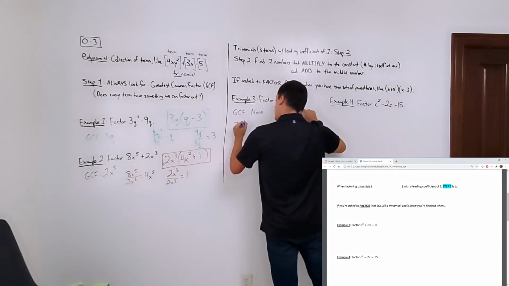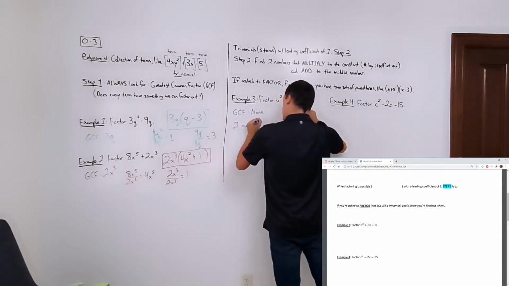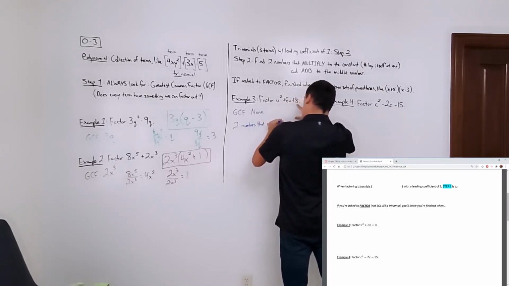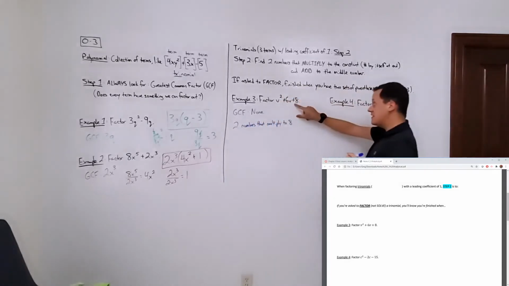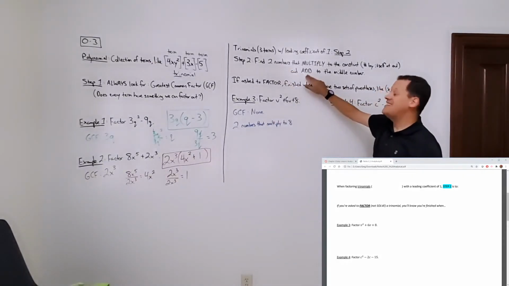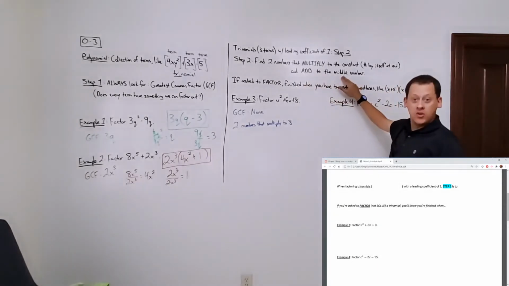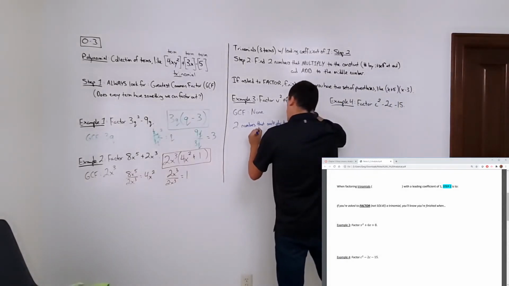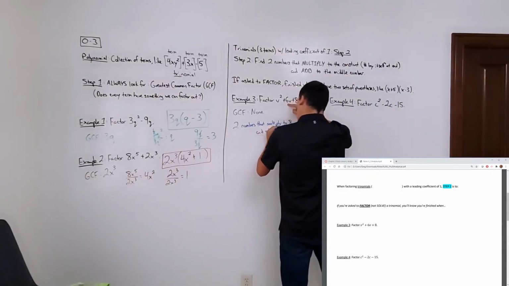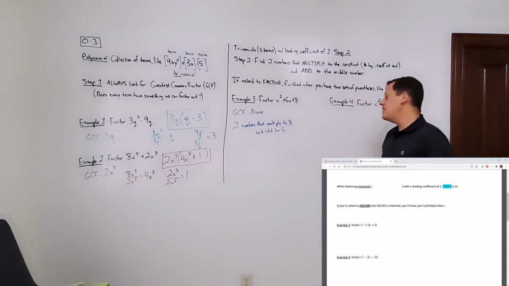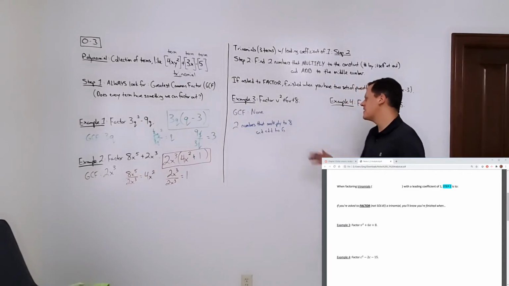So we need 2 numbers that multiply to positive 8, and those 2 numbers need to add to the middle number. So that's the number in the middle term. And add to positive 6. So we need to find 2 numbers that multiply to 8 and add to 6.